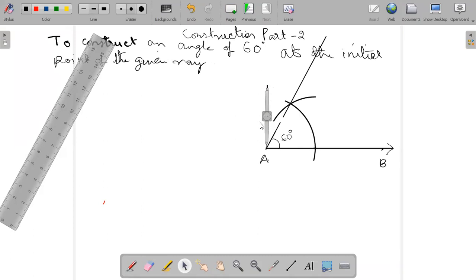Now you can draw the arc, or take a bigger one. Now we have taken how much? The radius is 5.9 centimeters, and draw this arc.